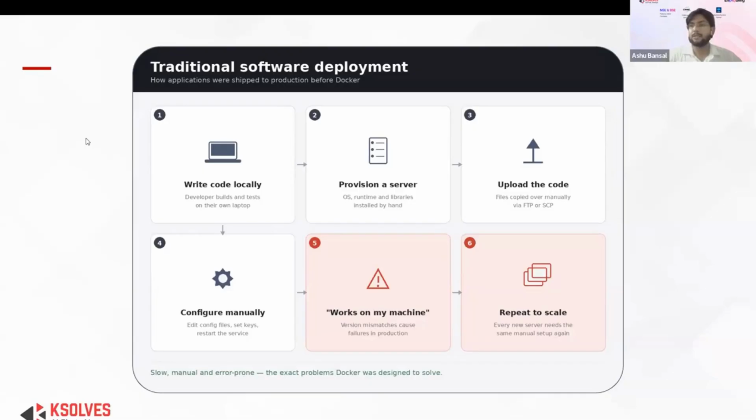But the same thing doesn't work there. Usually the engineers come to know that the code is working on our machine, but it is not working on the server, and there is nothing they did wrong on their end. They did everything they could, but because of software and OS incompatibility, it is not working on the server. This is the same thing Docker is solving for us.